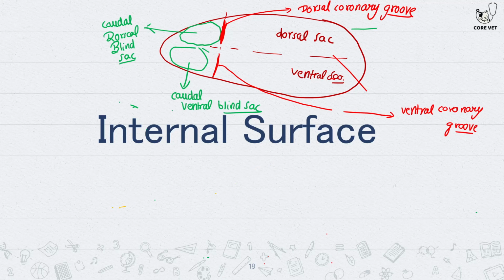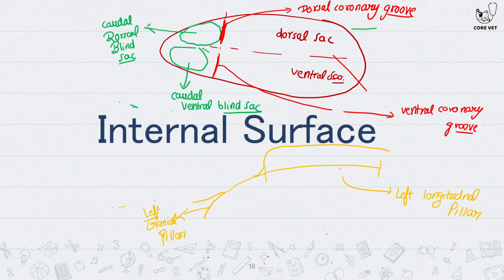If this is the left cranial pillar, from it there will be an extension of the left longitudinal pillar, and on the dorsal aspect of the left longitudinal pillar there will be the left accessory pillar. That's how the pillars are there.